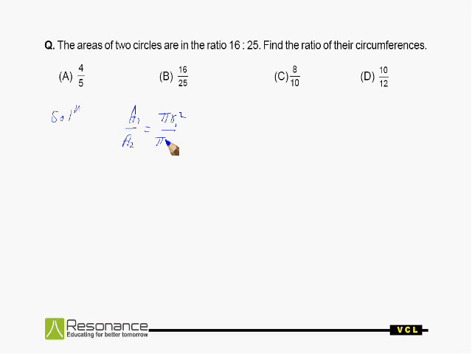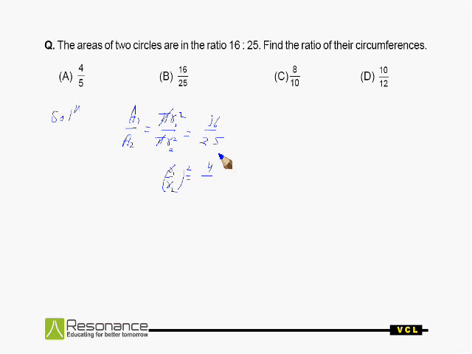The area of circle 2 is pi r2 square, which is given in the question as 16 upon 25. We can cancel pi, so we get r1 upon r2 the whole square is equal to 16 upon 25.